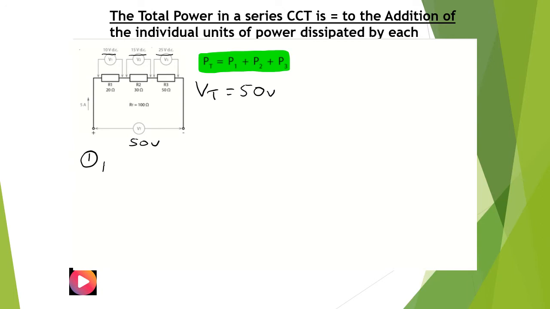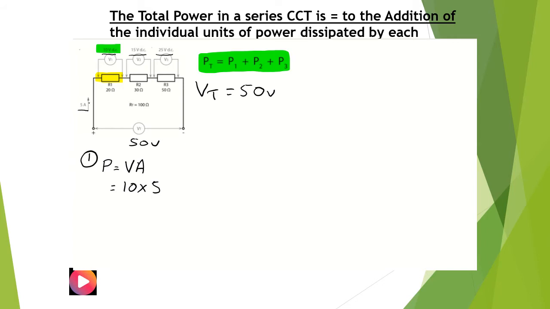I would like to do it one way first. Power, which we discussed earlier, is equal to volts times amps. There are a number of other formulas, but if we were to work out what the power dissipated by this resistor was, we could simply say there is 10 volts across this resistor and 10 volts multiplied by 5 amps, because we know that the current in a series circuit is constant.